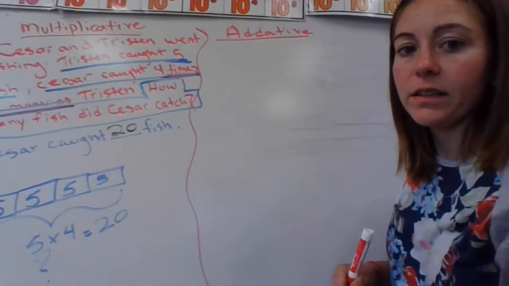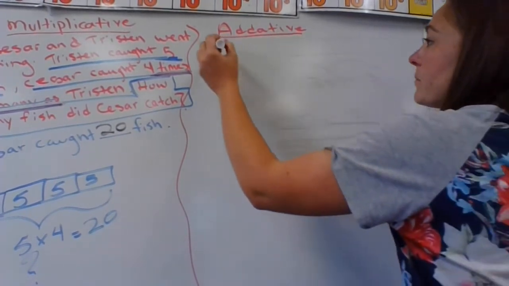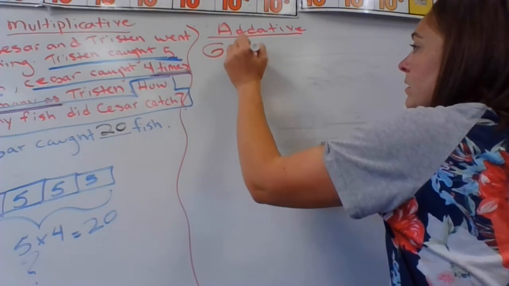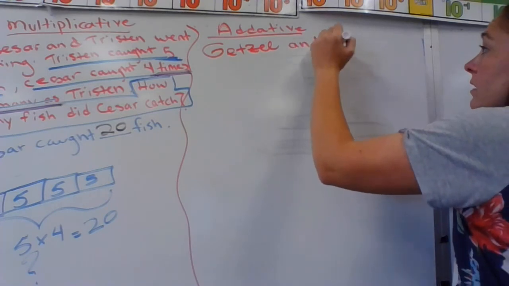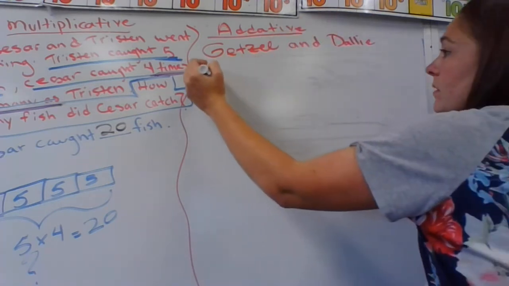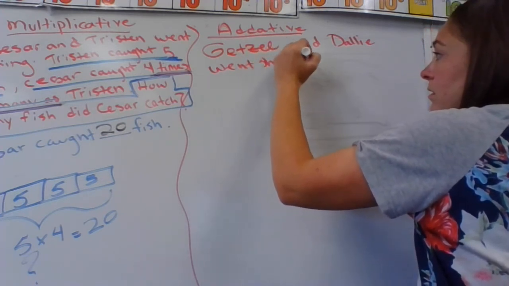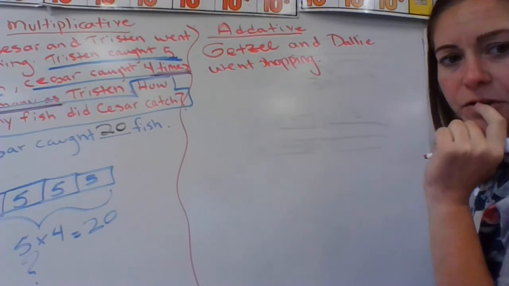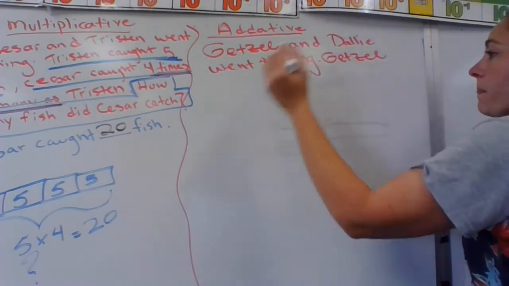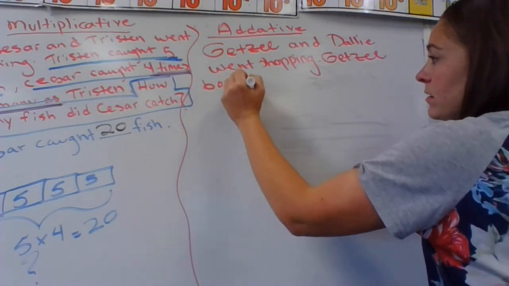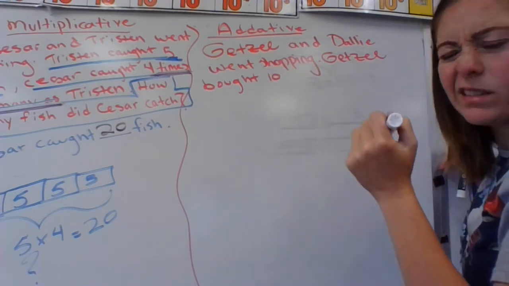All right, let's look at our additive problem. Let's see, how about Hetzel and, oh, I don't know, Dally went shopping. Let's see, what would they buy shopping? Hetzel bought 10, what are they called? 10 lip glosses?